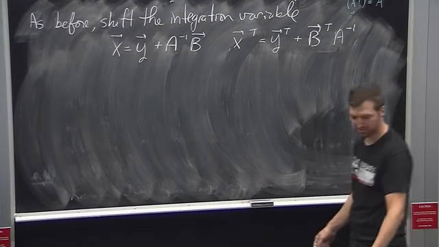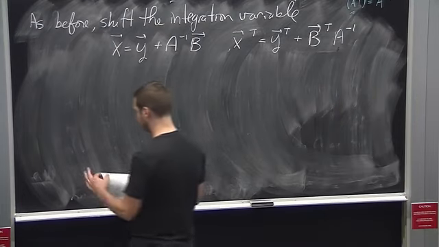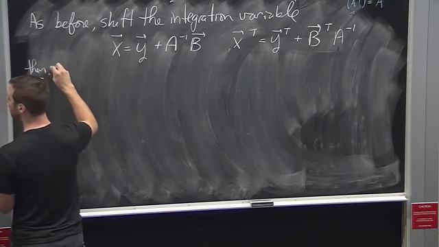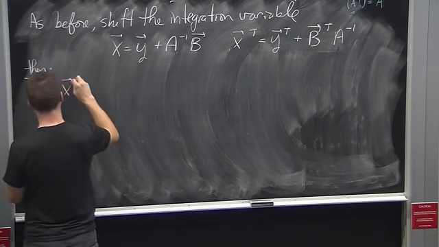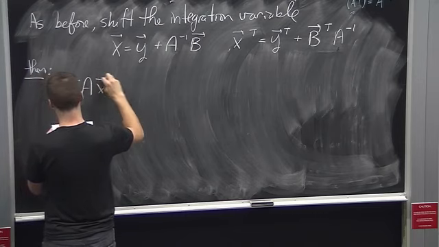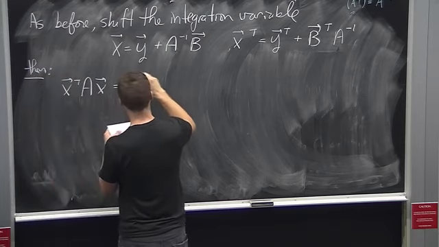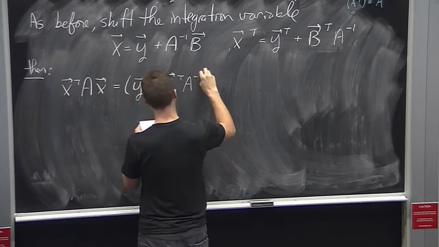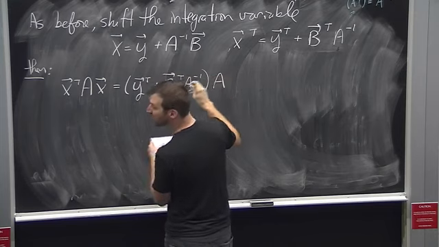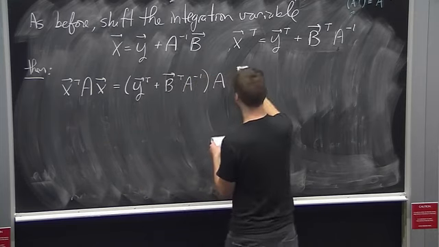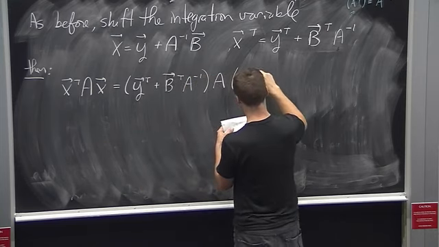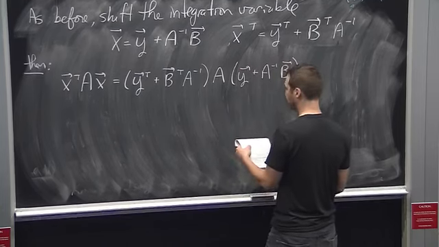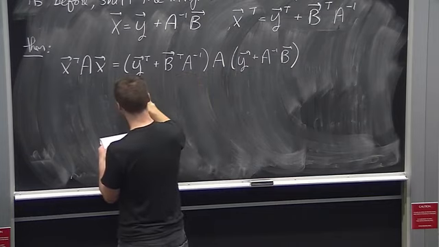You can just do the proof by completing the squares, so I'll do it really quickly. There are two terms. The first term is x transpose A x.